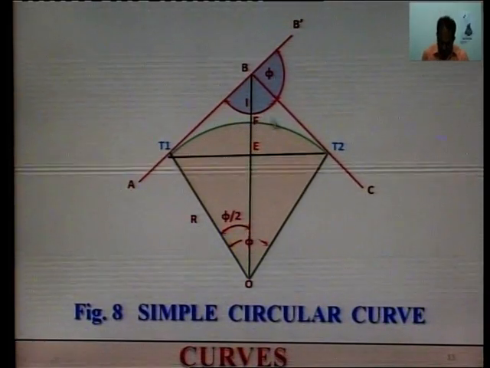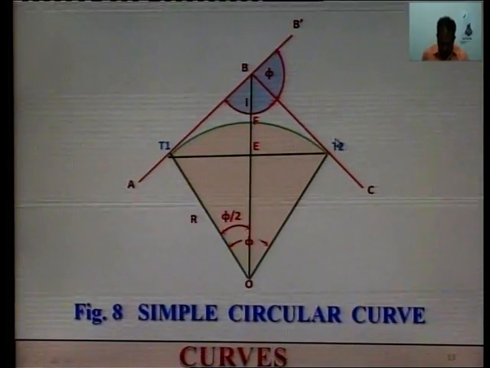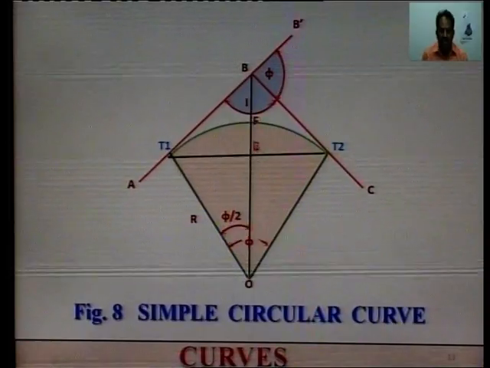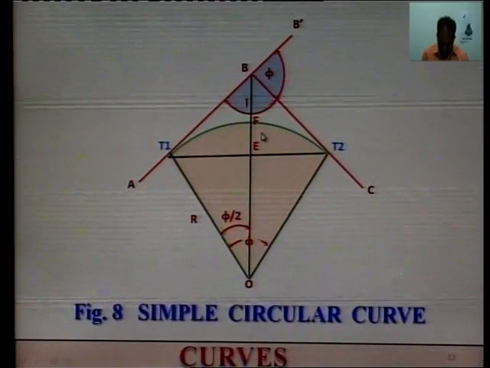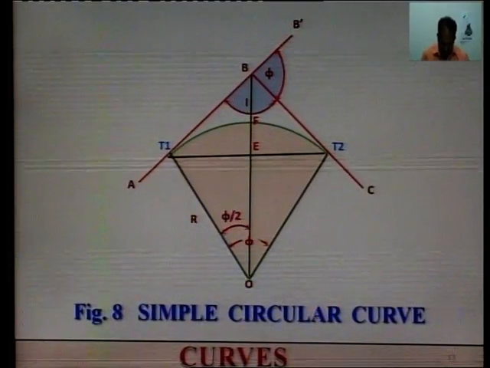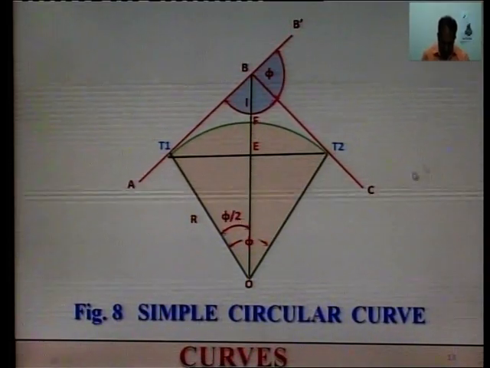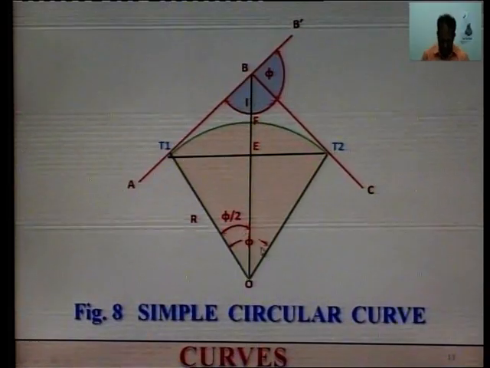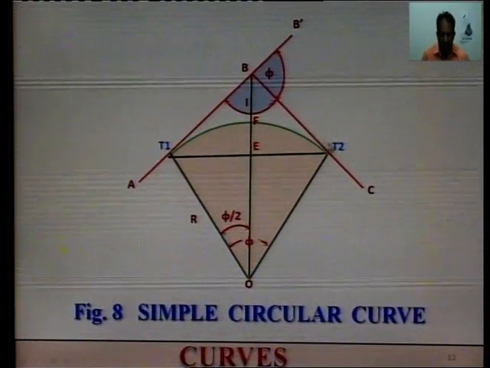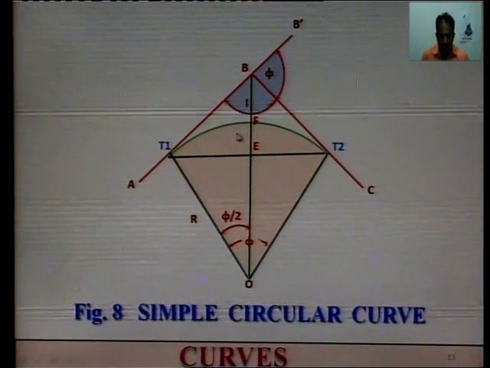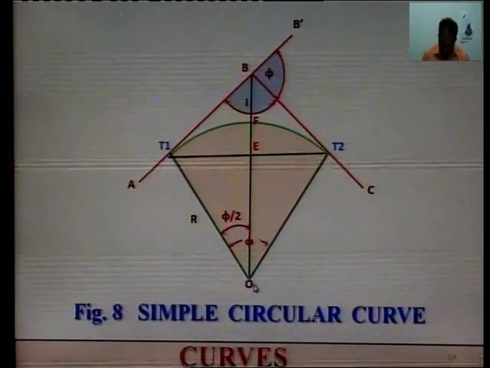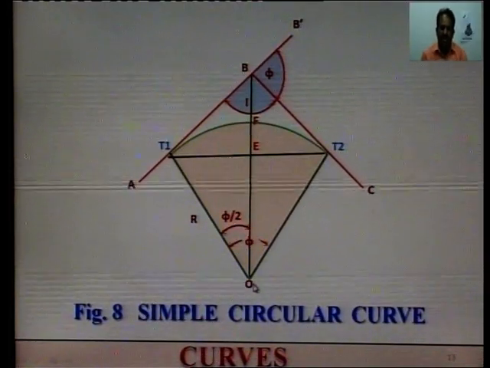The distance between the apex of the curve and the midpoint of the long chord, EF, is called the versine of the curve. The angle subtended at the center of the curve by this arc is called the deflection angle phi.